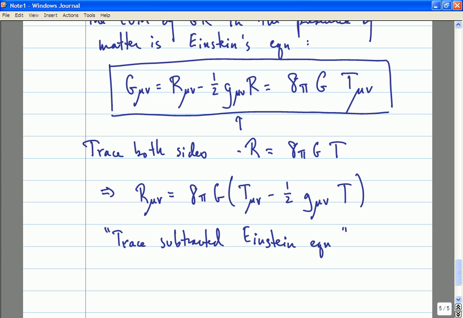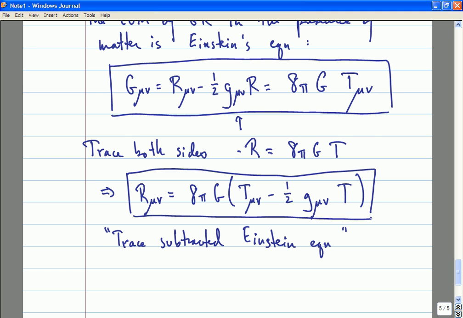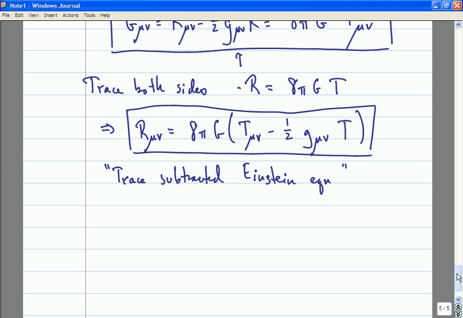So now what I would like to do is just make a few comments about the Einstein equation. The first thing that I would like to point out is that you should think of this as a set of 10 second-order differential equations for the metric.